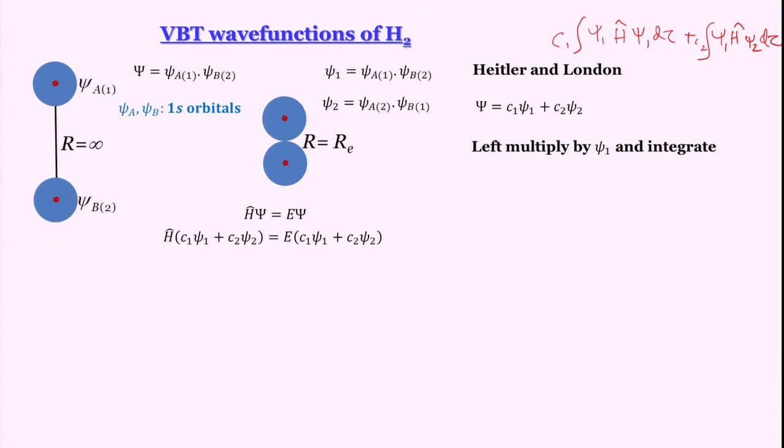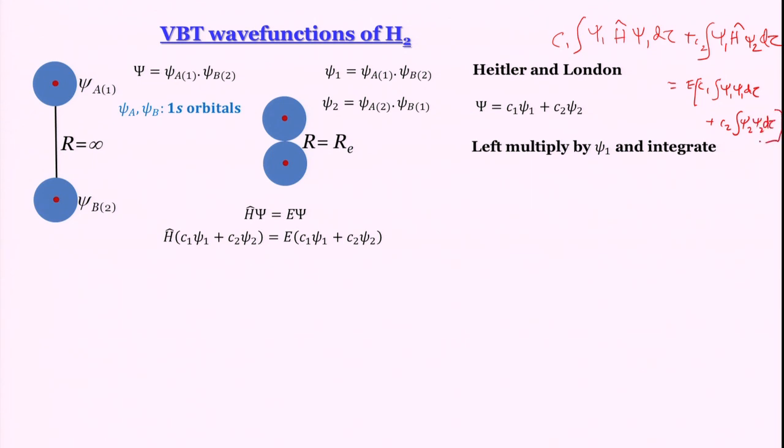For now I will just write d tau, is equal to E multiplied by C1 integral psi 1 d tau. Remember, 1s orbitals are real, so I am not writing psi 1 star at all. None of these quantities are imaginary, plus C2 integral psi 1 psi 2 d tau.